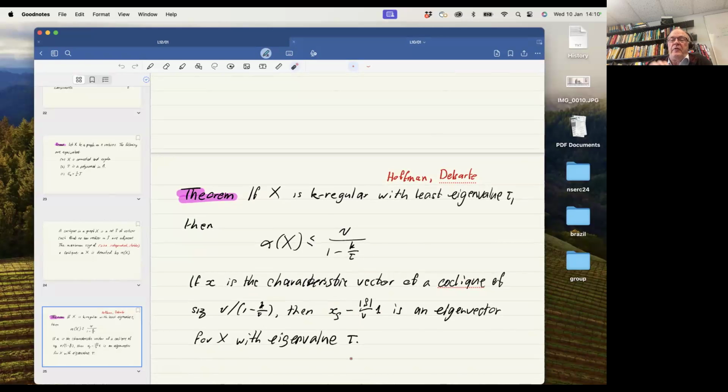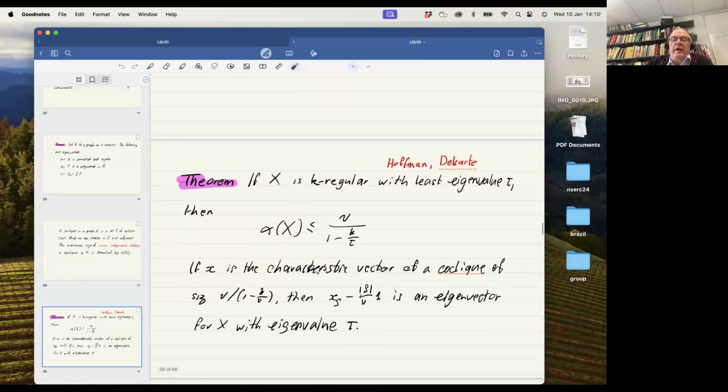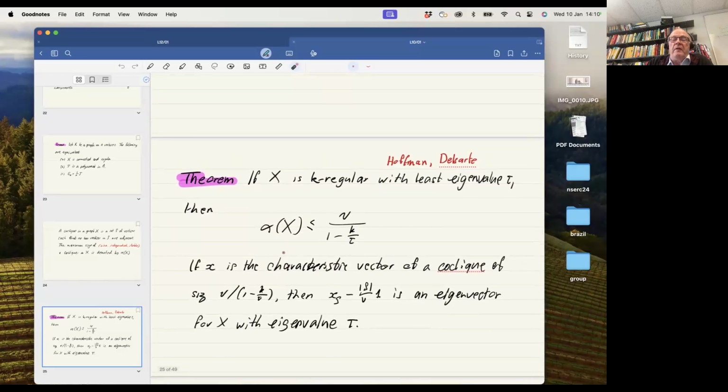So it's a vector with two distinct entries: 1 minus the size of S on v, or minus the size of S on v. It's an eigenvector, and its eigenvalue is tau. Now, that can be used to do things like prove the Erdős–Ko–Rado theorem, but we won't be doing that. I just want to make the point that you do get some information in the case of equality, and you should always ask that question. But the question we're concerned about now is this bound.